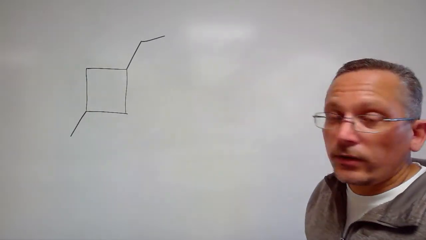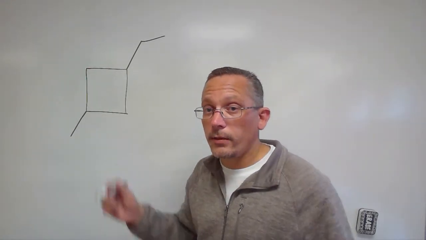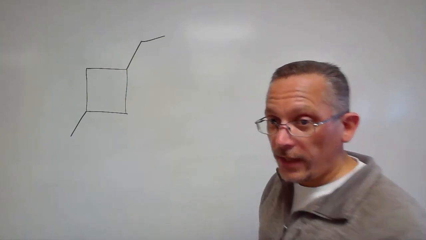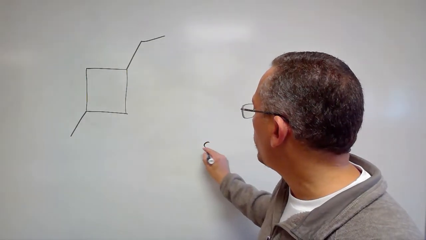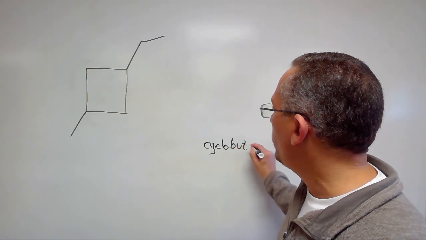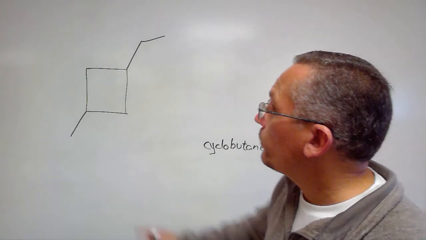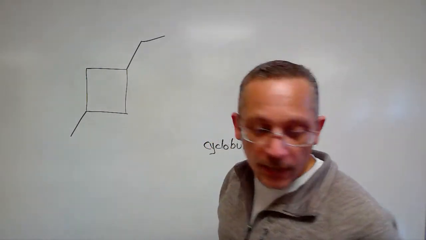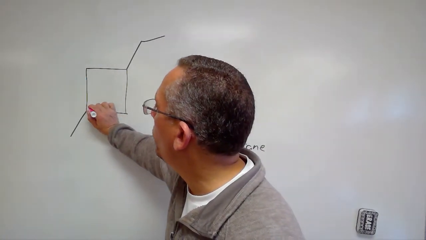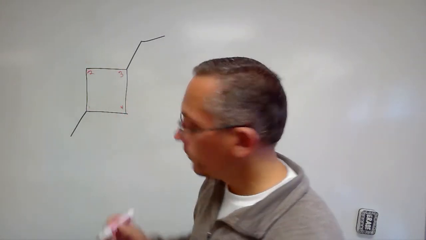How about one that looks like this? We could call this a ring with a couple of different branches that come off of it. So let's name the ring here. There's 4 carbons in that ring. So this would be cyclobutane. But meaning 4. And then we have 2 branches coming off of there. Let's call this carbon number 1, 2, 3, 4.